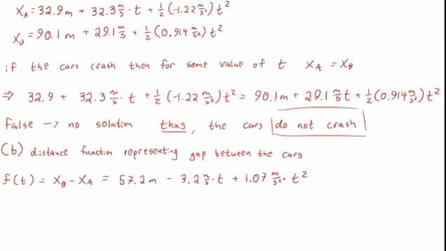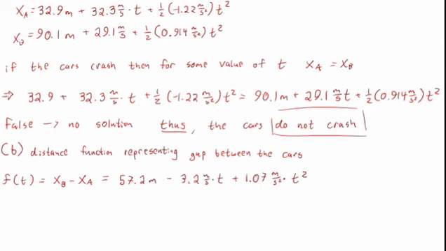I've just plugged in the numbers here, done a little bit of math, where I just took 90.1 minus 32.9 to get 57.2, 29.1 minus 32.3 to get negative 3.2, 1/2 of 0.914 plus, because of the negative here, plus 1/2 of 1.22 to get 1.07. Okay, so I've just done that. So we get all the values in one place, and this is our function representing the gap.